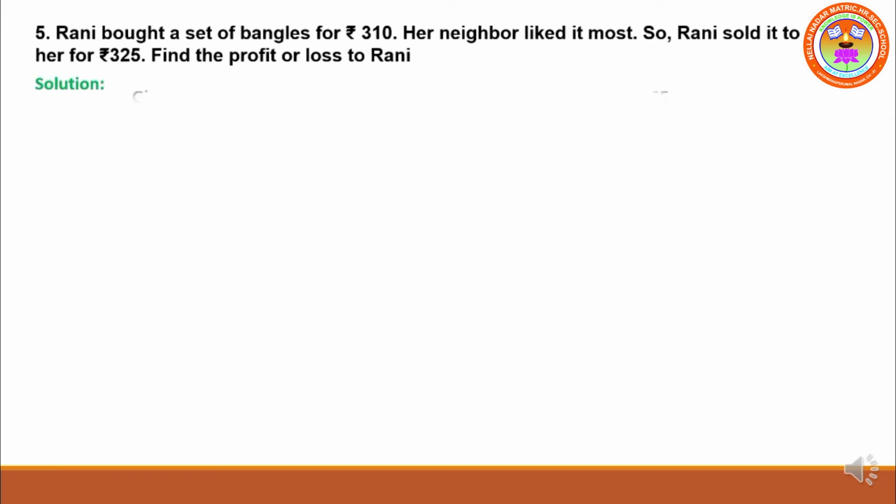Solution. Given CP for the set of bangles. So the cost price for the set of bangles is rupees 310. That is the cost price. Now how much did she sell the bangles for? That is the selling price. SP for the set of bangles is equal to rupees 325.